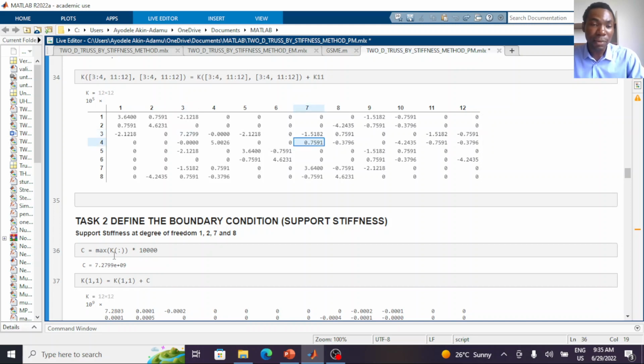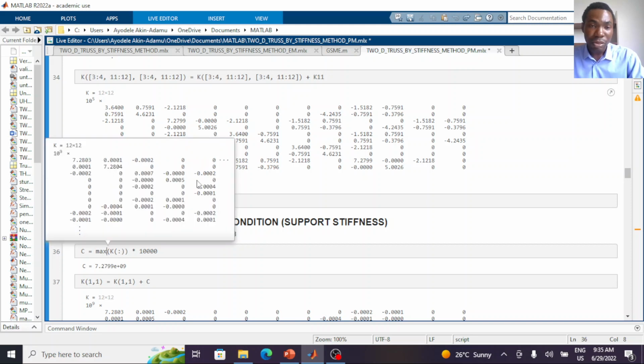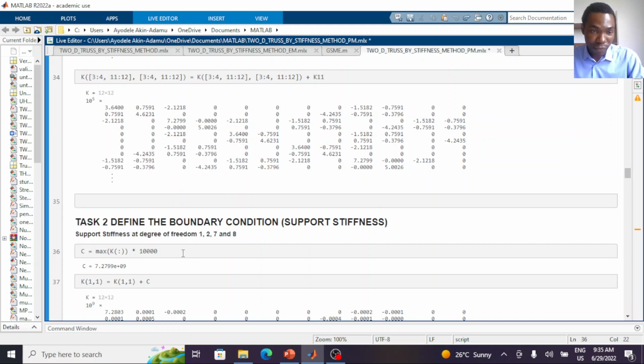We don't need to worry about how to find the biggest value in a 12 by 12 matrix. We can use an inbuilt function called max. You can see the line of code there. I'm using the max function to determine the maximum value in this K matrix. If you use this MATLAB inbuilt function, you should enter the input variable, the K matrix, in this form: K then bracket double colon.